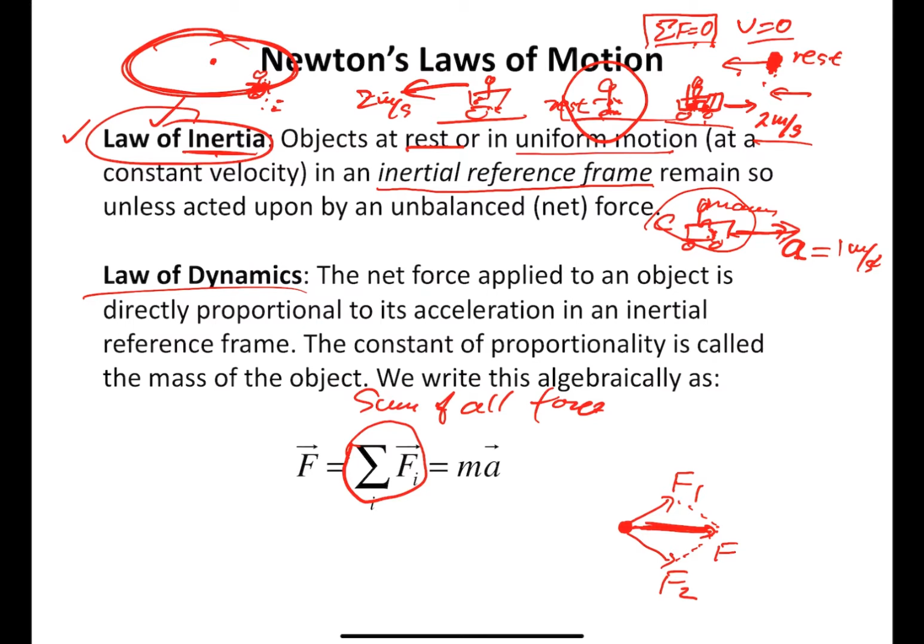And then you say this object, because you have a non-zero force, the sum of the force is non-zero. So this is a vector. You also accelerate. The vector acceleration is parallel to this force and proportional to the mass. And this mass we call inertial mass.